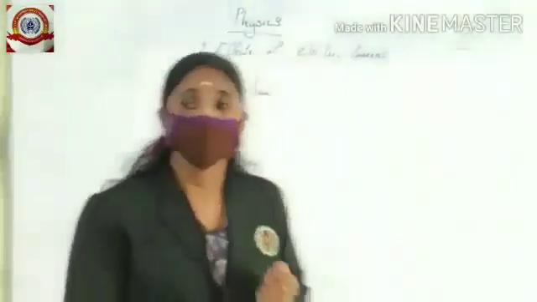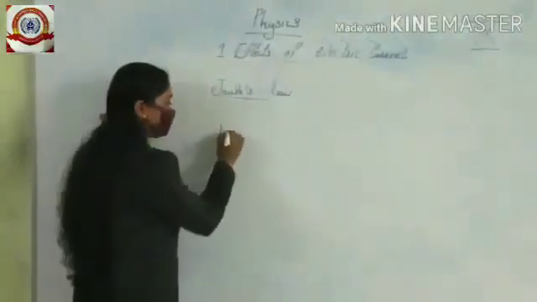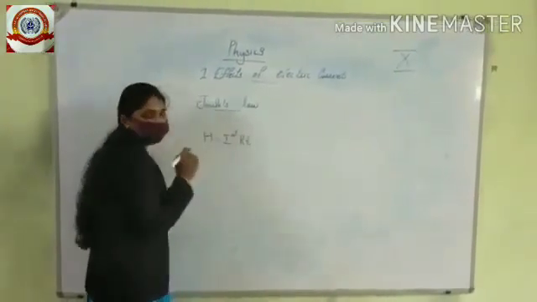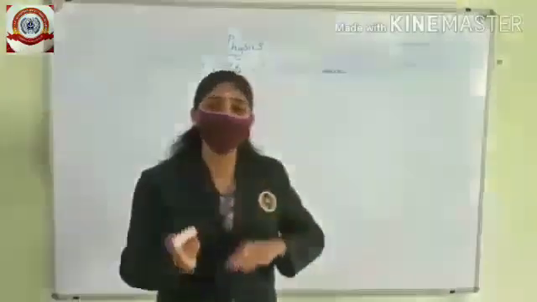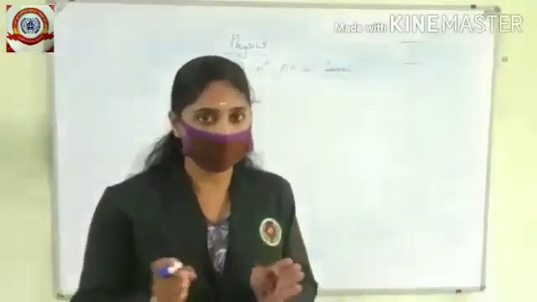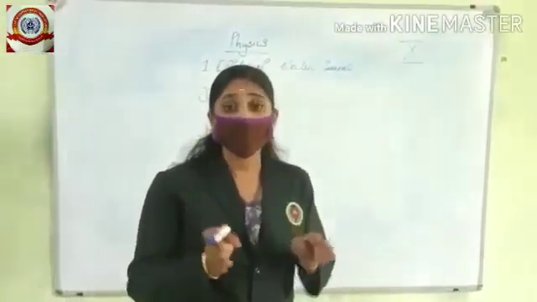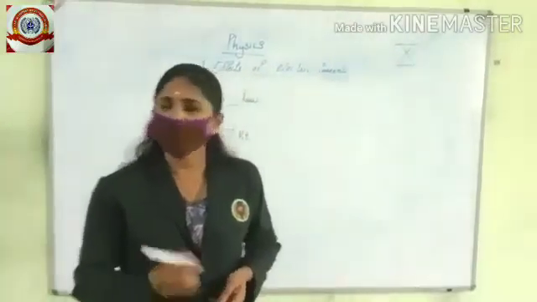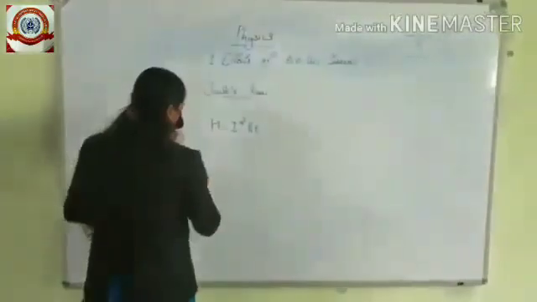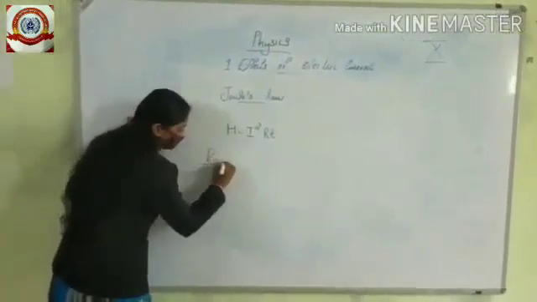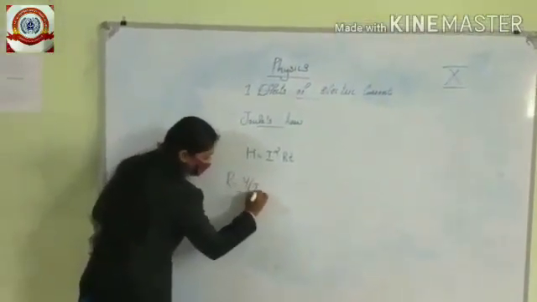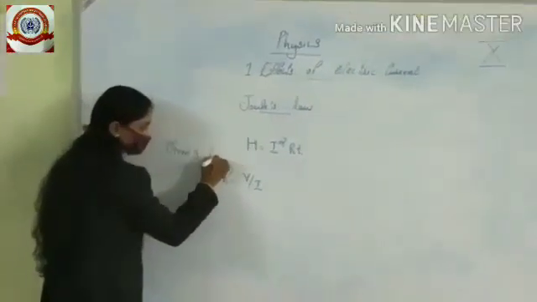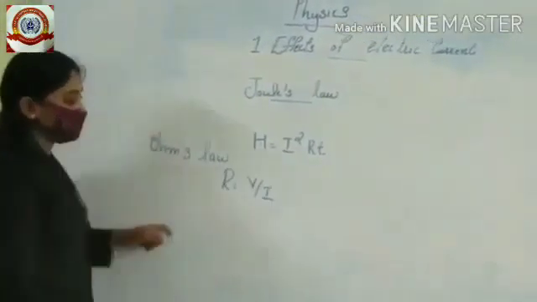Next, we are going to learn another two equations of Joule's law. So, what is the equation of Joule's law? H equals I square RT. In our 9th standard, we learned Ohm's law. Do you remember that? What is that law's equation? R equals V by I, isn't it? R equals V by I. R is the resistance, V is the voltage and I is the current.